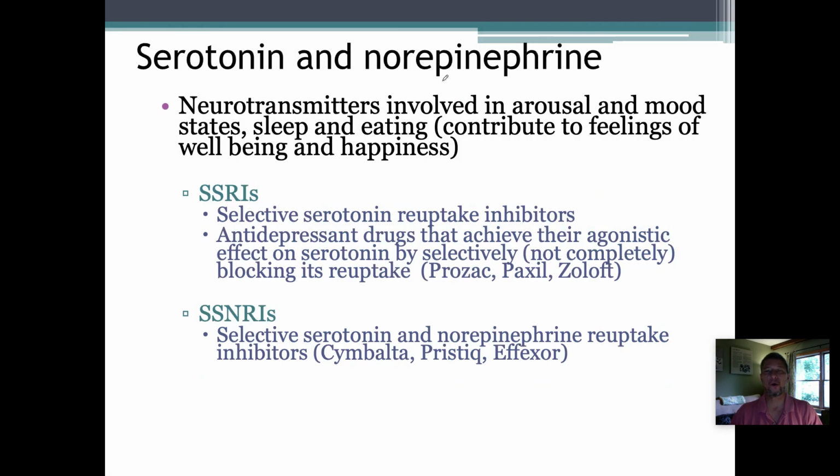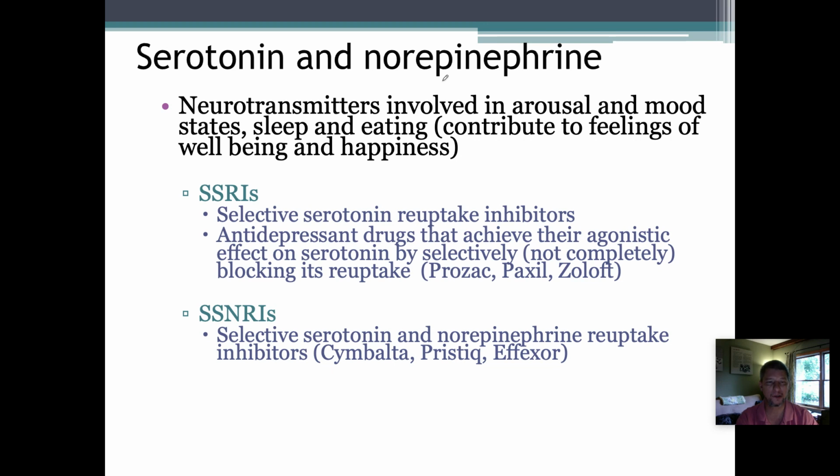Serotonin and norepinephrine. These are neurotransmitters that are involved again in arousal, mood states, happy or sad or that kind of thing, sleeping and eating. All right, and so feelings of well-being, happiness, and that sort of thing. And so if you don't have a good feeling of well-being and you're not happy, you may be depressed.